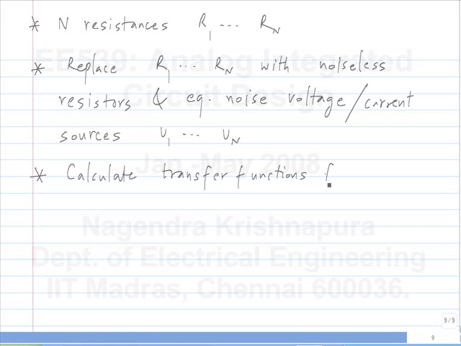You calculate transfer functions from all these sources to, let's say the output, which is also a voltage V out.